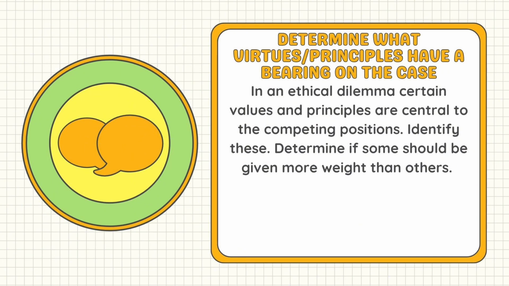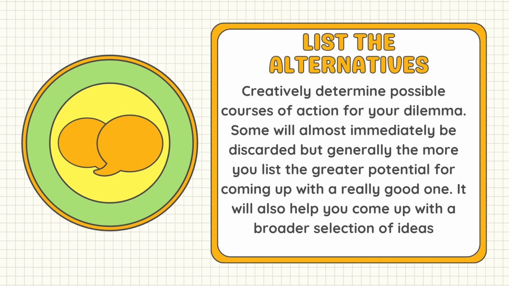Now we're going to move on to step 4, list the alternatives. Once you understand the values involved, list down all the possible actions you can take. Don't rush to one solution. The more alternatives you list, the better the chance of finding the wise decision. For example, you have found a 500 peso bill.